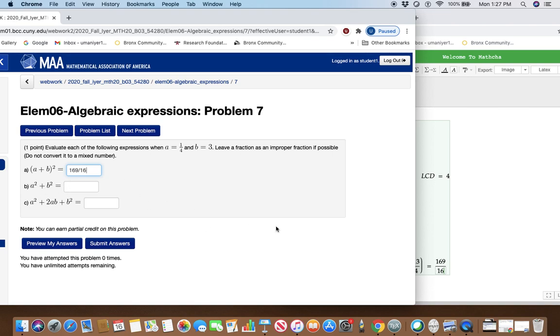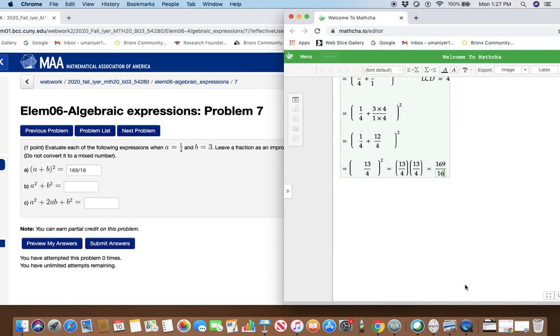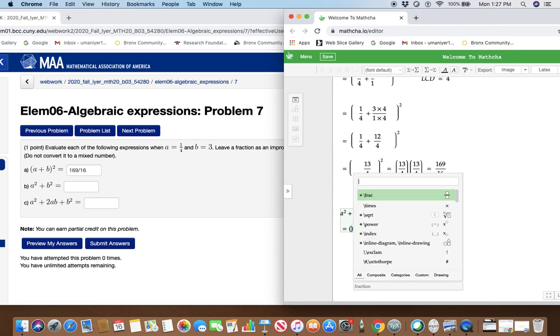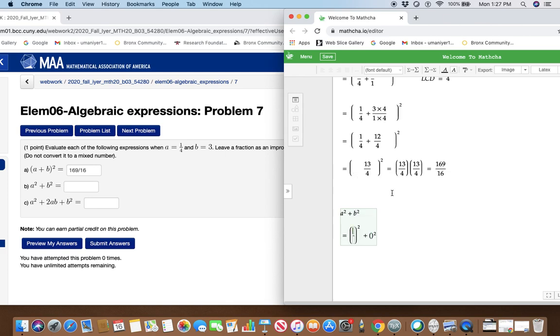Next, a squared plus b squared. Okay, you want to write a squared plus b squared, which is something squared plus something squared. A is the fraction 1/4. B is simply 3. Okay, so notice now I want to add squares.